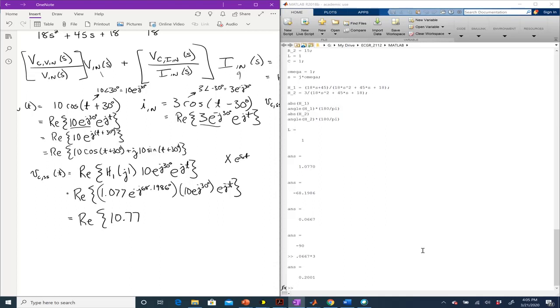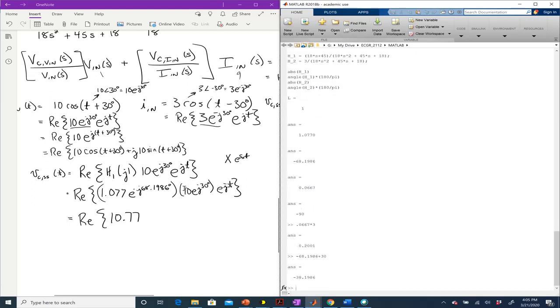And my angle here, I should be able to do that in my head, but just to make sure that I'm right: I took negative 68.1986, added it to 30, and I get negative 38.1986. So e to the negative j 38.1986 times e to the jt.